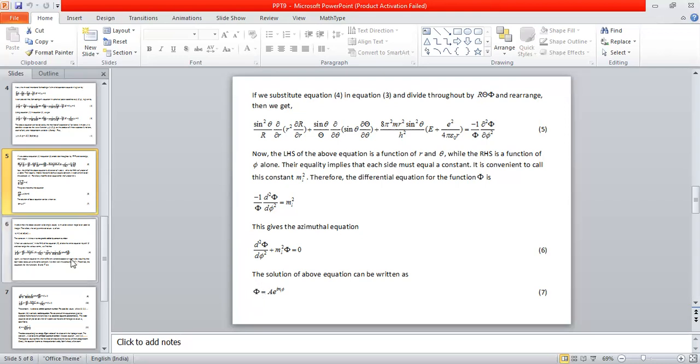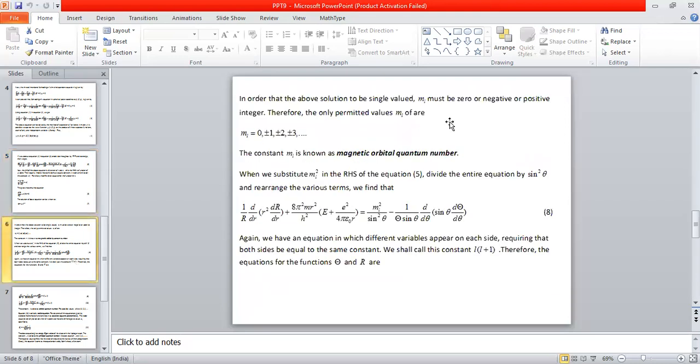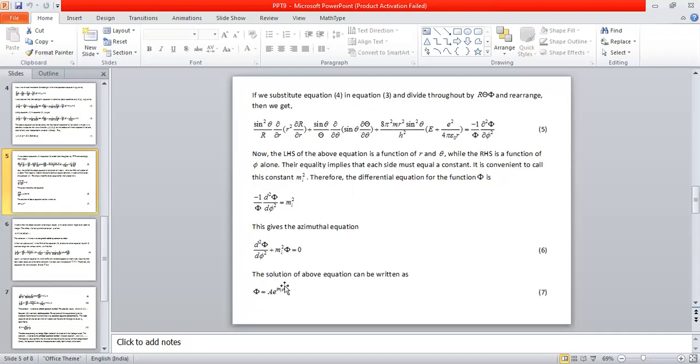And that is possible only when the possible values of ML are 0 or negative or positive integers. So we need to put a restriction on the value of ML here. If you put a restriction on the value of ML, then this wave function part, capital phi, becomes single valued.